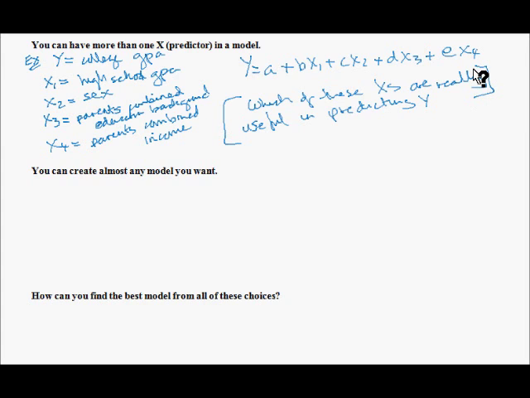A regression model is you're looking at a relationship between y and one or more x variables. But a lot of the time you want to use the model to predict future values. Okay, I've got this model now. I think college GPA is related this way to high school GPA, this way to sex, and so on. Now if I have someone apply to college who has this high school GPA, who's female, whose parents have this background, how do I think they'll do in college in general? What will their college GPA probably be?